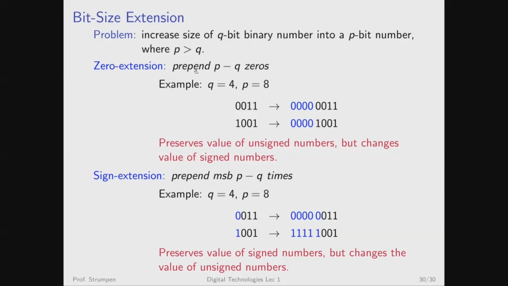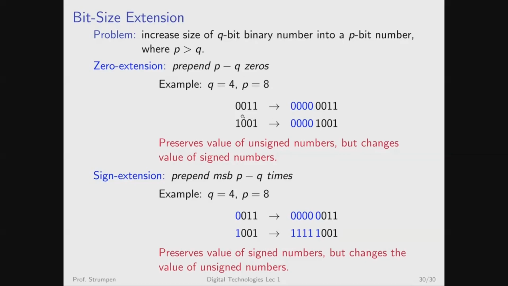Zero extension means prepend the q-bit number with p minus q zeros. Example, if we are given a q equals 4-bit number, 0011, and we want to turn it into an 8-bit number, prepending 8 minus 4 equals 4 zeros does the job.